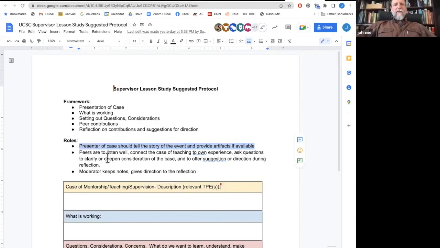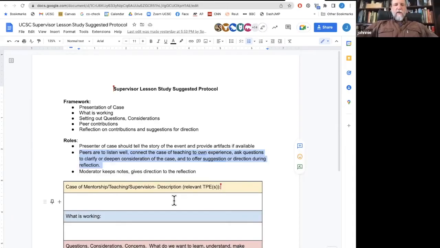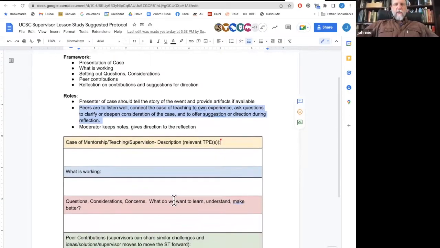And peers are to listen well, but also to connect the case of teaching to their own experience, asking questions along the way to deepen the consideration of the case, and to offer suggestions or directions during the reflection. So the rest of us aren't passive. We're actively engaged, present, trying to make sense of the case for the presenter, but also making sense of the case for ourselves because we share in practice. And as I said, the moderator keeps notes, gives direction to reflection.